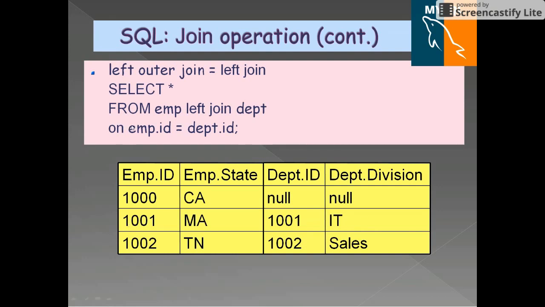It is based on this emp.id, the previous one. As you can see, for emp ID number 1000, there is no corresponding row in the right hand side table, the department table. So it just prints null in place of that. If you want to perform a right join, you can do so, and the ID number 1003 will be displayed.